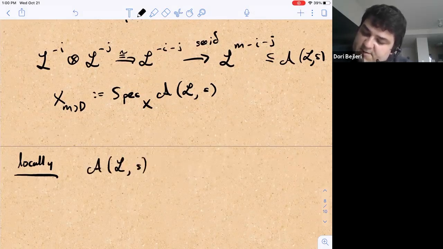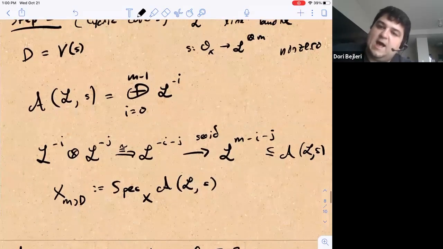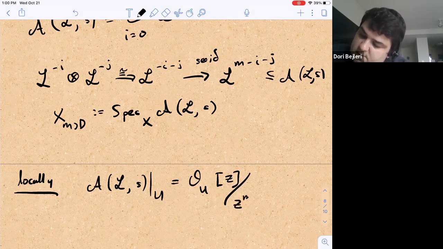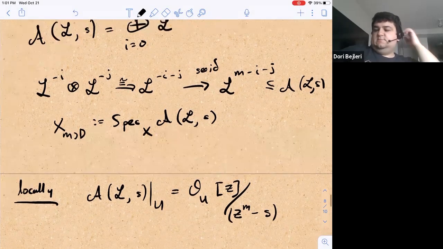If we trivialize everything, then this just looks like O_U adjoin a single generator Z, where the degree i term is generated by Z to the i, but now we're quotienting out by this multiplication, which is exactly saying that Z to the M is equal to our section S. And so locally, this algebra is just O_U adjoin Z mod Z to the M minus S.